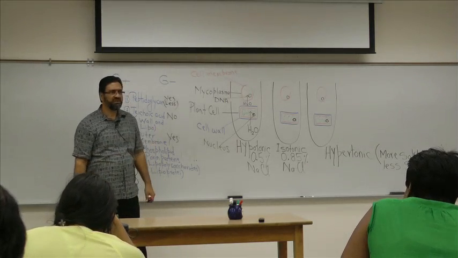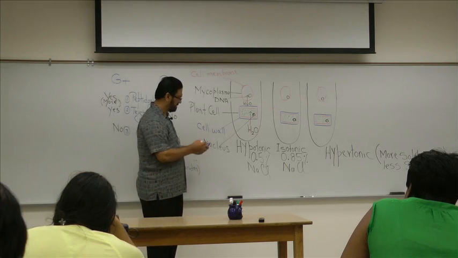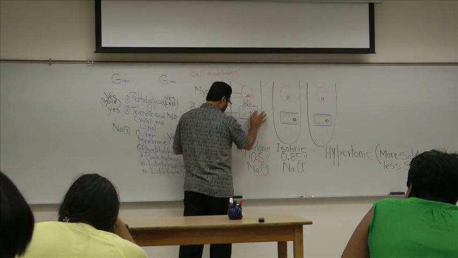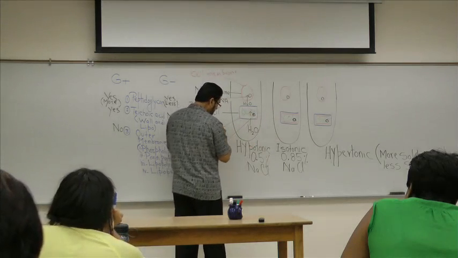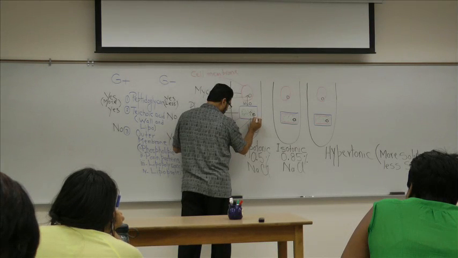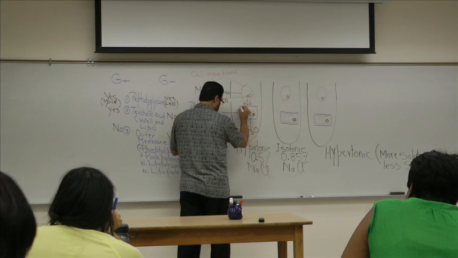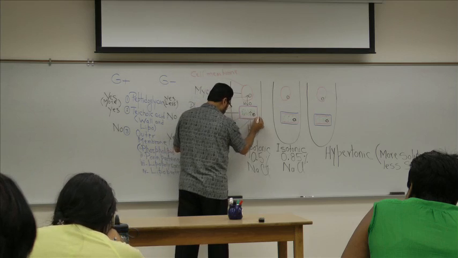Who has protection? The cell with the cell wall. So the cell will gain water, and the membrane will be pushed right next to the cell wall, like this.